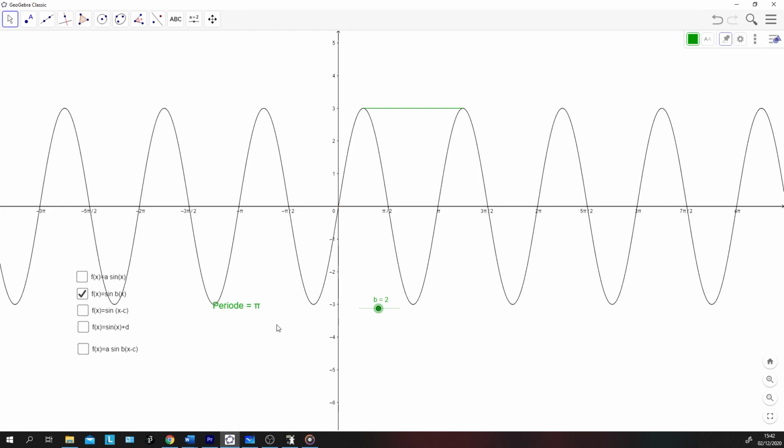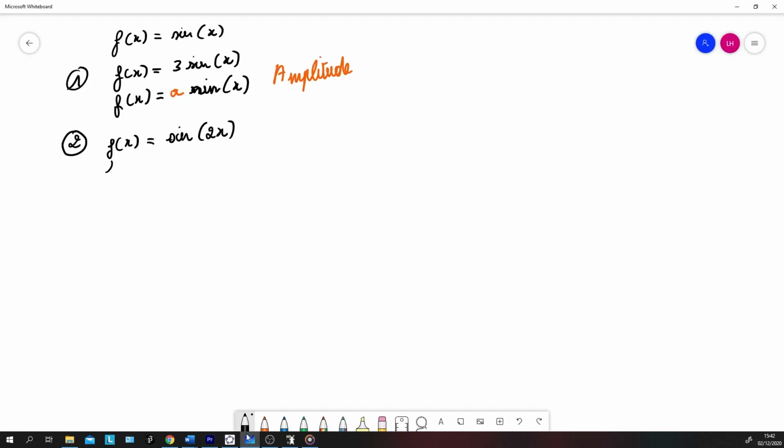In general, we can multiply x by b. This gives us f(x) = sin(b · x), with b as a parameter for horizontal stretch, and the period is 2π divided by b.